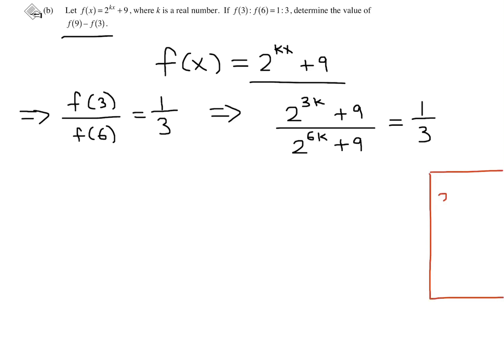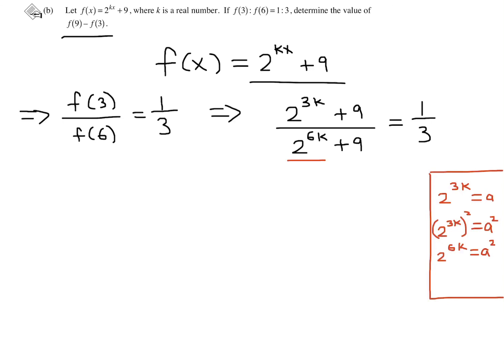I'll let 2 to the power of 3k equal a. And therefore, this is essentially 2 to the power of 3k all squared, and that becomes a squared, right? Because 2 to the power of 3k all squared would be 3k times 2, which is 6k. Like that. And that will make it just a little bit easier, I think, to digest.